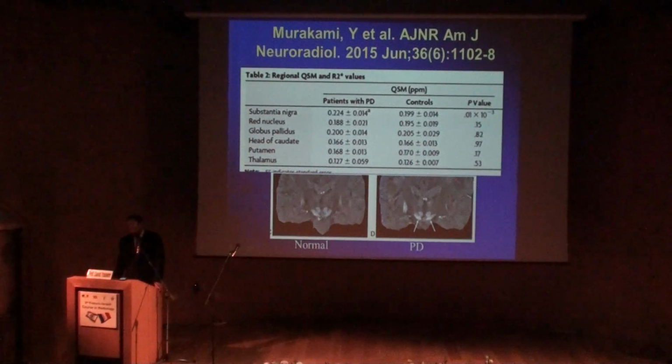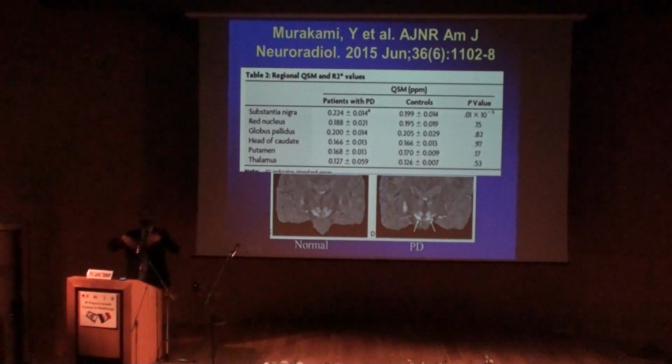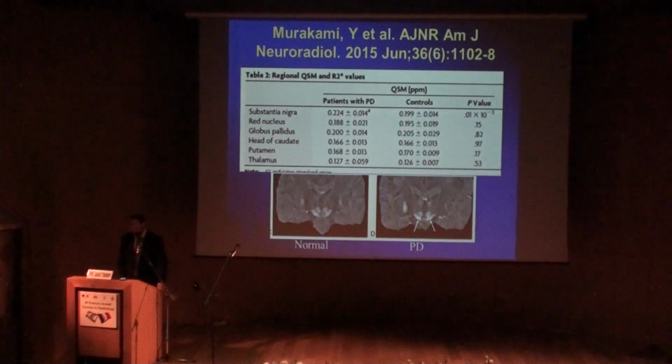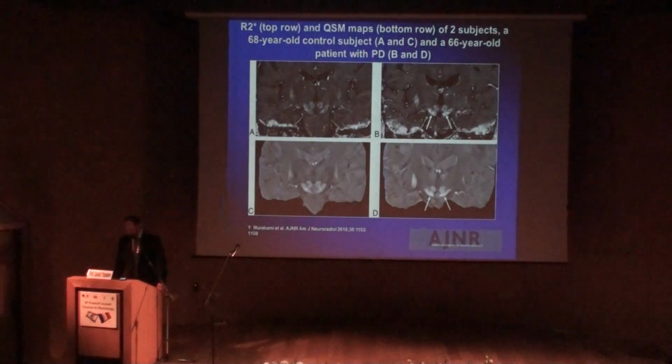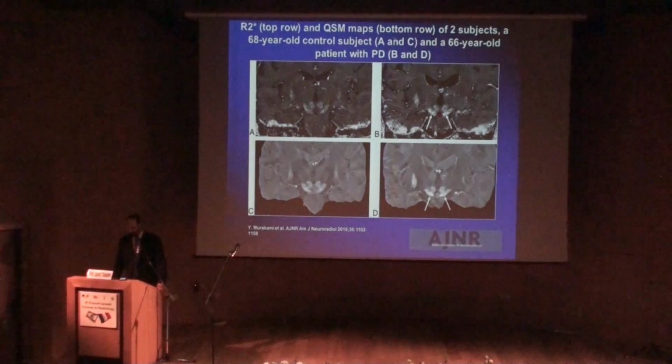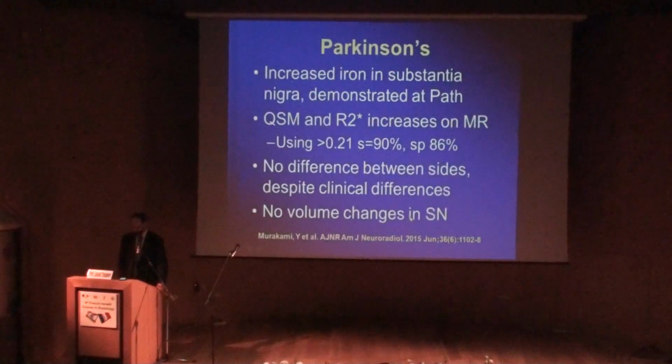These are the substantia nigra down here, and you can see that those patients with Parkinson's disease have brighter signal intensity on QSM representing increased iron content. This is part of his work looking at that iron content in Parkinson's with two different subjects, the control subject versus the patient with Parkinson's disease.